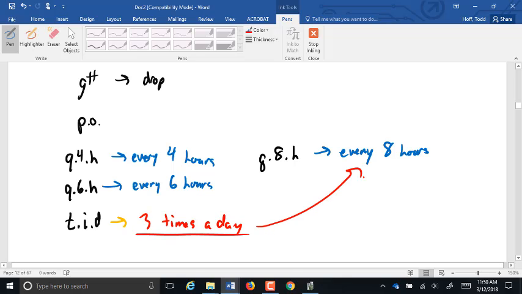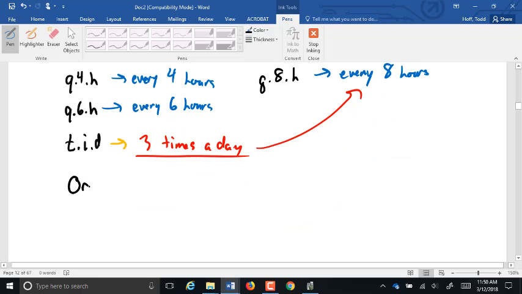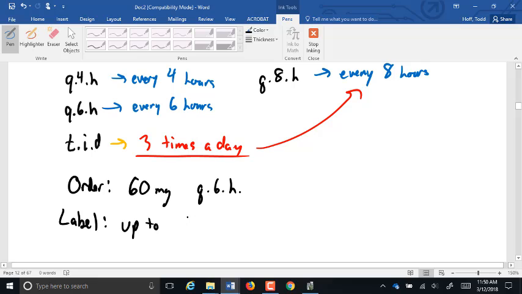The reason these are important to us, like I said, I'm not going to specifically test you on the abbreviations, but we may need to know them because we might look at a doctor's order where the doctor might order 60 milligrams Q6H, and the label, the recommended dose of the medication, might say up to, well, let's say up to 40 milligrams 3 times a day.